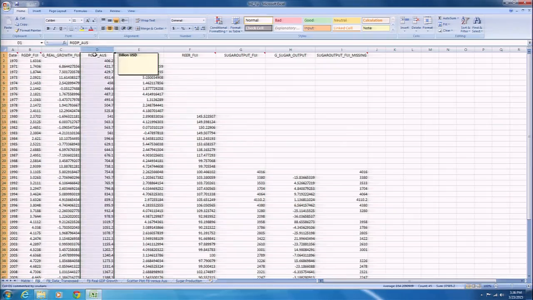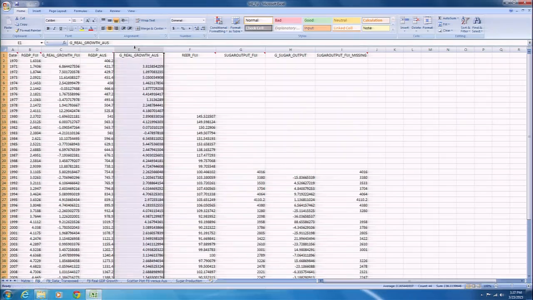The idea being that because Australia is a major trading partner of Fiji, and buys a lot of the products that Fiji produces, including tourism services, if Australia grows, Fiji tends to grow along with it. Column E represents the growth rate of Australia in real terms, expressed in percentage point terms.